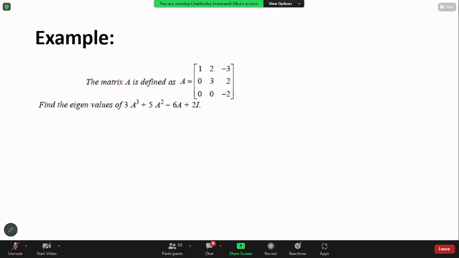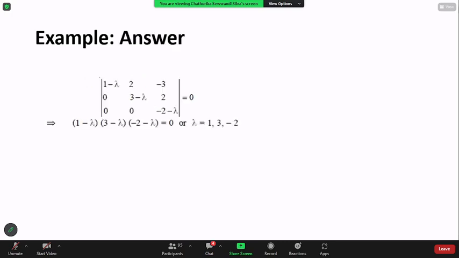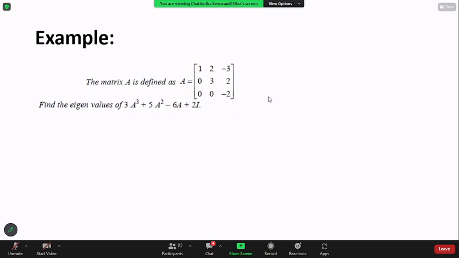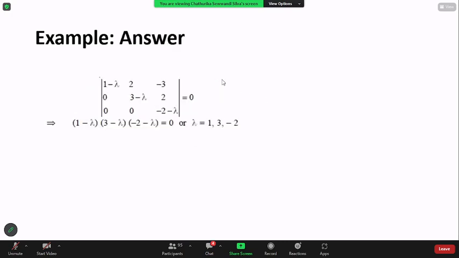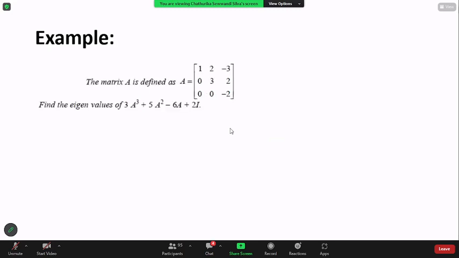I don't know if all, but some may have noticed. So this is the matrix A, and using the calculations we have found these are the lambda values. Some have noticed that the eigenvalues we got are the same as the components along the principal diagonal.